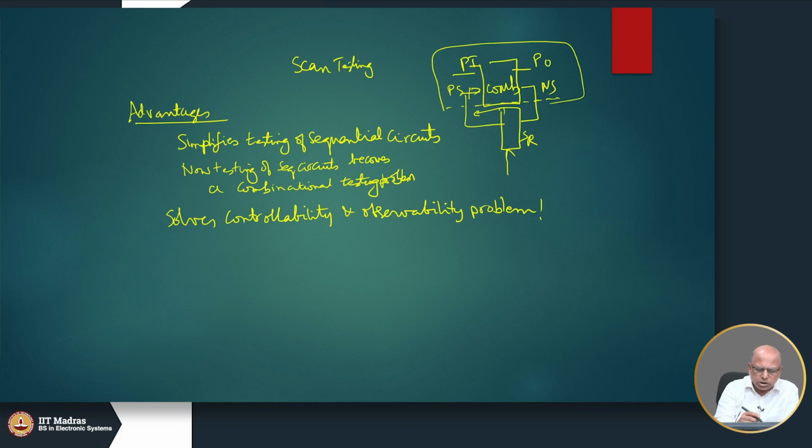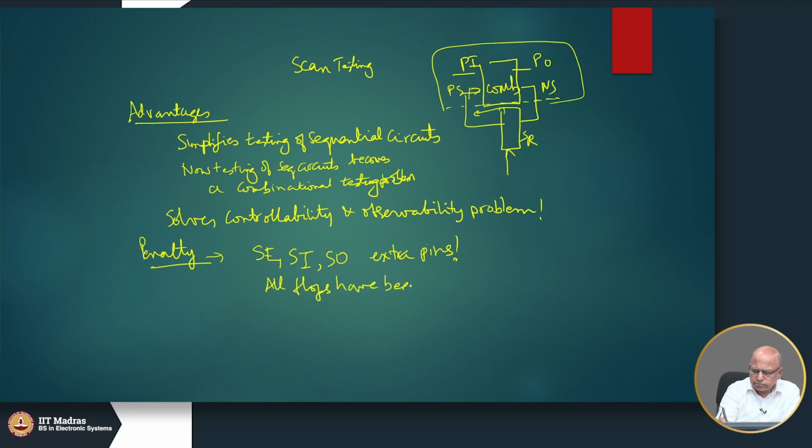So, what is the penalty that we pay to achieve all this? We need scan enable, scan in and scan out, extra pins. Then all flops have been transformed to scan flops.